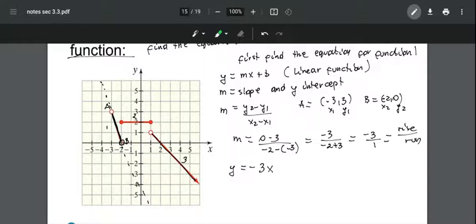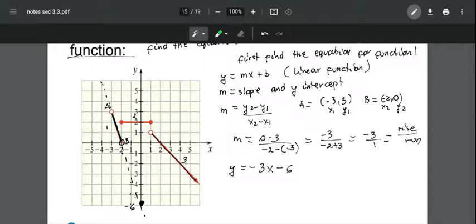I will go 3 units down and 1 to the right, 1, 2, 3, 1 to the right. So here is the y-intercept, at point (0, -6).